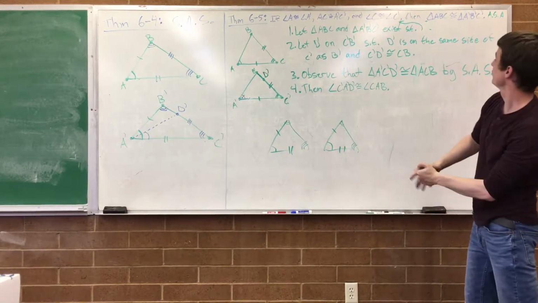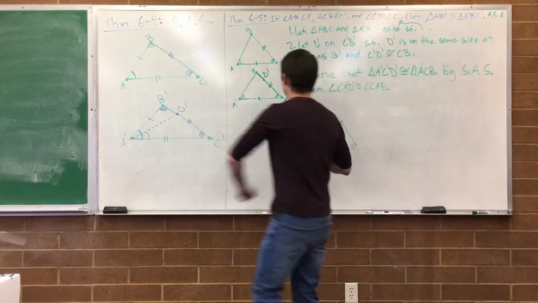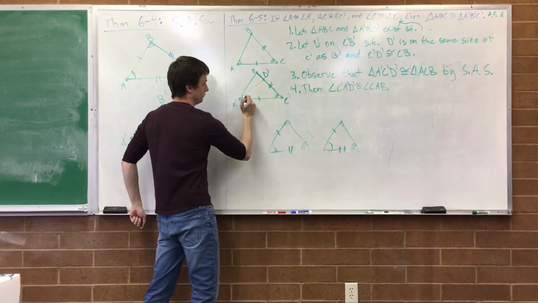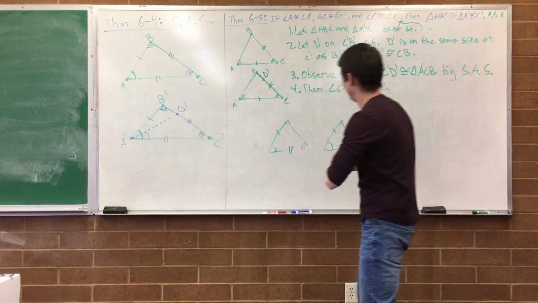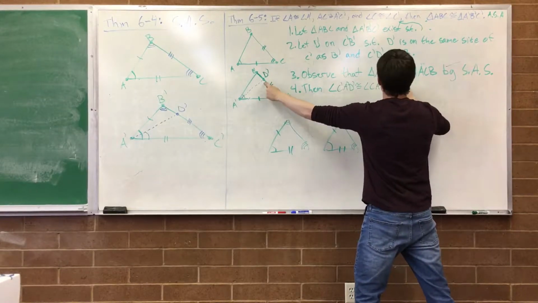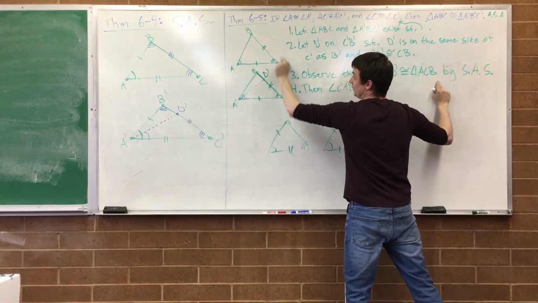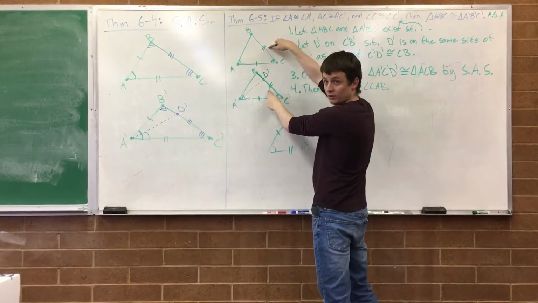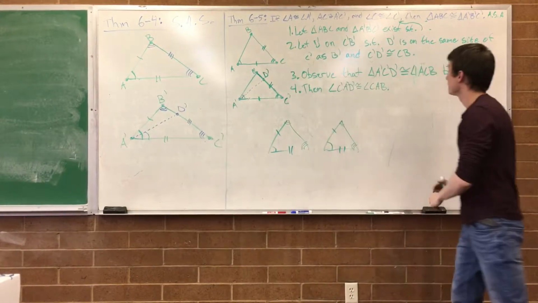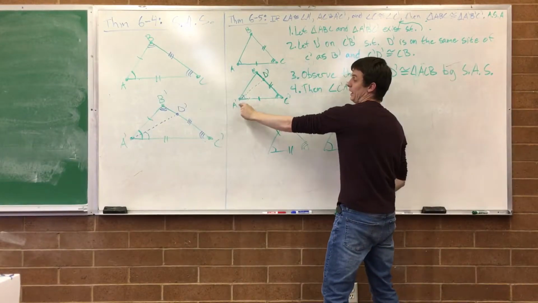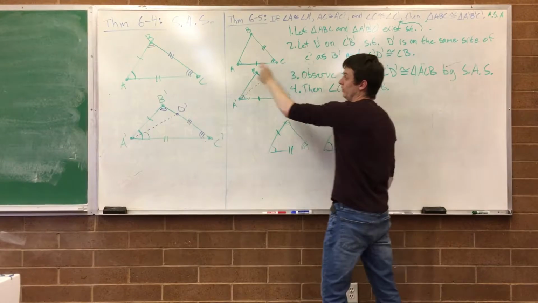So I put that point D prime there, and then we're going to look at this triangle. I say, observe that triangle A prime, C prime, D prime is congruent to triangle ACB by side, angle, side. So that gives me that angle C prime, A prime, D prime is congruent to CAB.